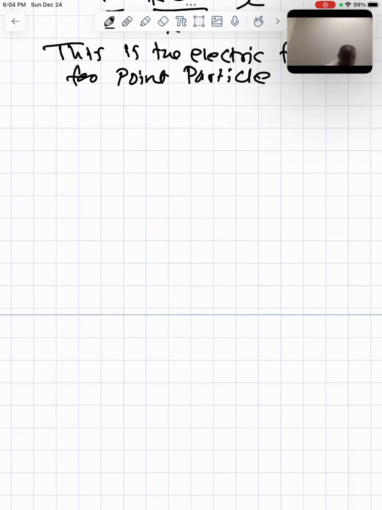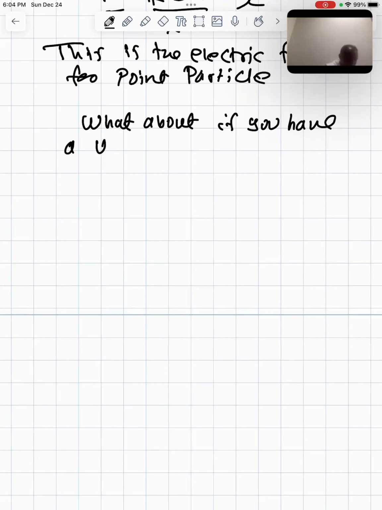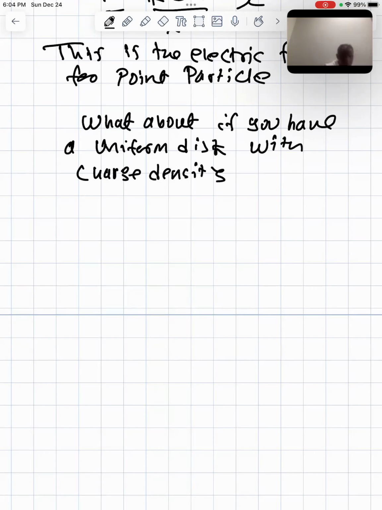Consider this: what about if you have a uniform disk with charge density sigma and radius r?